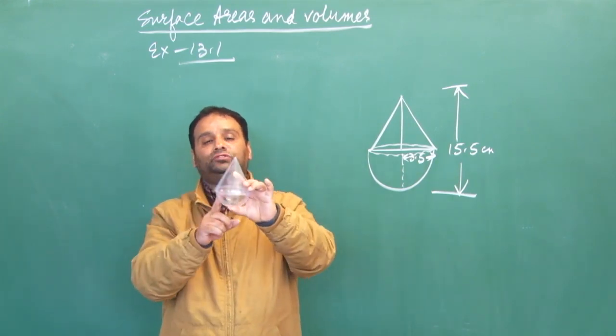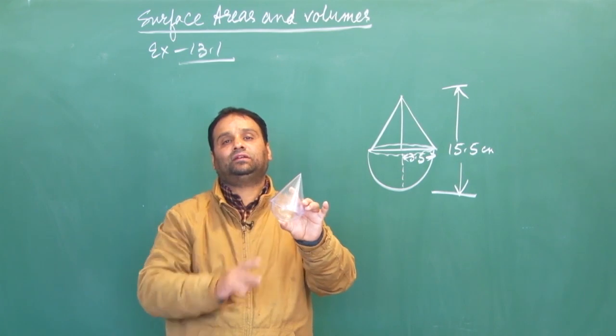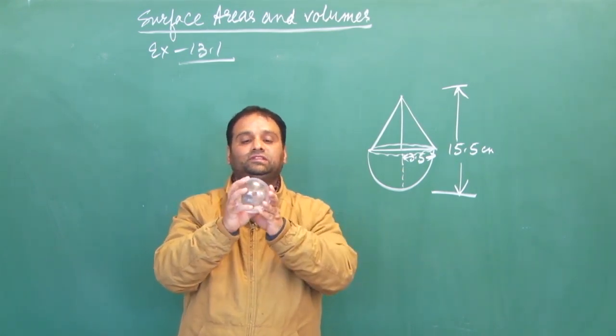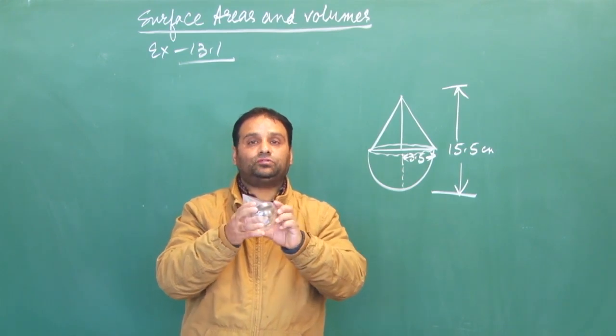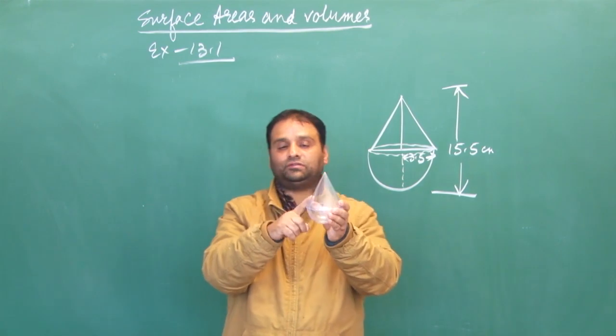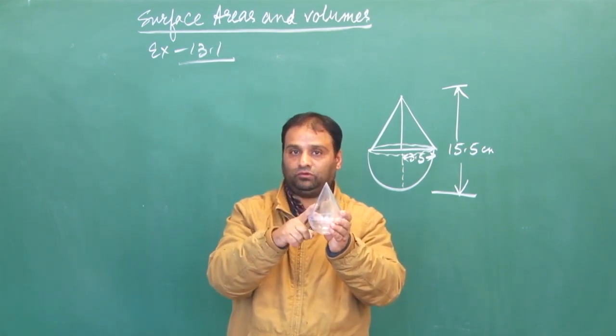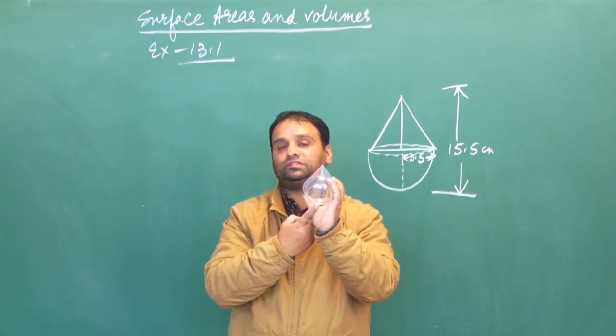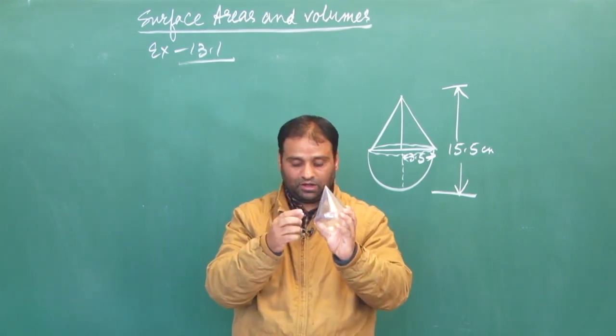We do not need to do anything with its base, and the curved surface area of the hemisphere is exposed. To find the total surface area of that toy, we need to find the curved surface area of the conical part and the curved surface area of the hemispherical part.